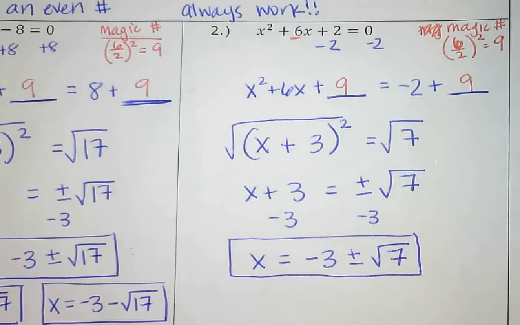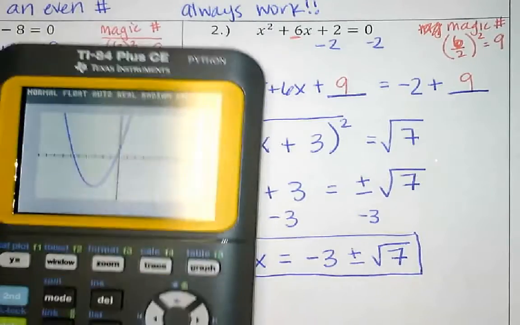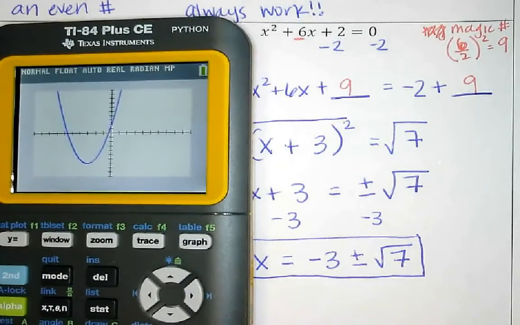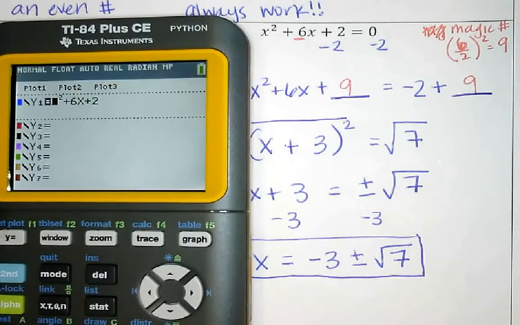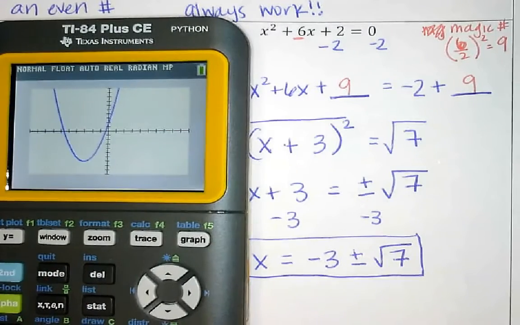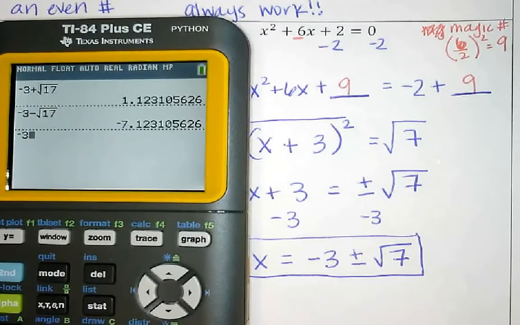Now, I want to go ahead and check my answers and make sure I'm not crazy. So remember, when we graphed this, we saw that we had these numbers here, x squared plus 6x plus 2. That's our graph. So I'm going to go back here, and I'm going to say negative 3 plus the square root of 7 gives me negative 0.35.